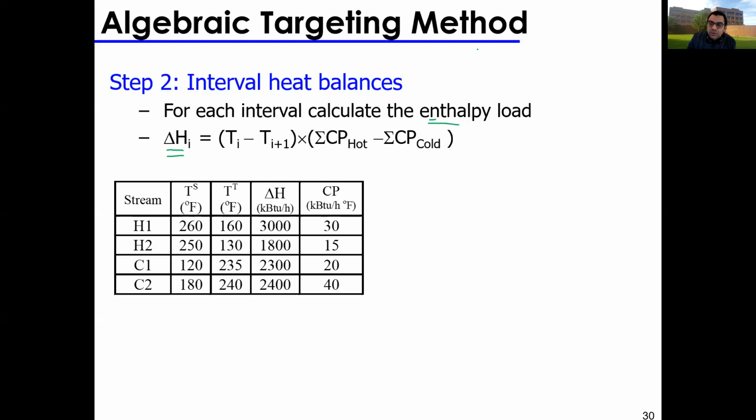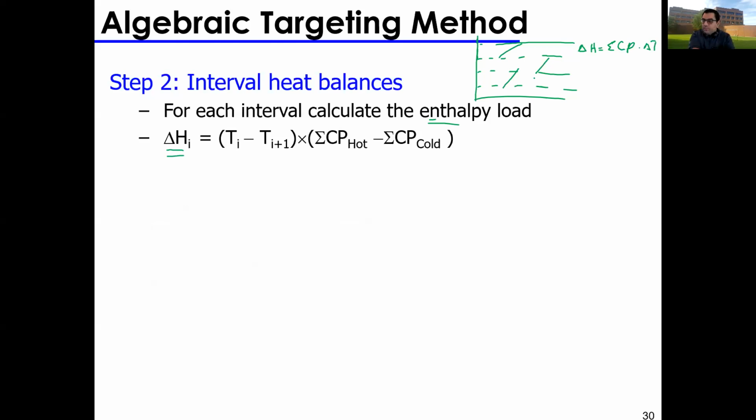And this corresponds to the part where, remember when doing the graphical method, I just listed all my temperatures, and then, after drawing the lines, I calculated the delta H, or I calculated the delta CP, right? Delta CP multiplied by delta T. And this corresponds to this. So for each interval, I'm gonna calculate my enthalpy load. So again, let's have a look here.